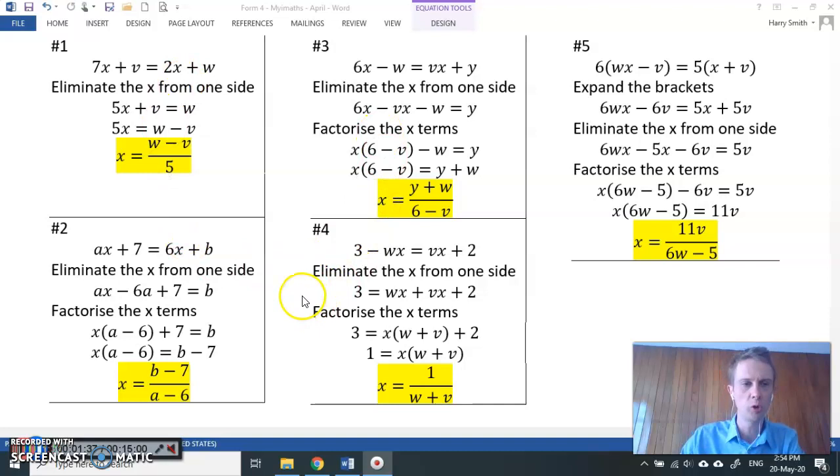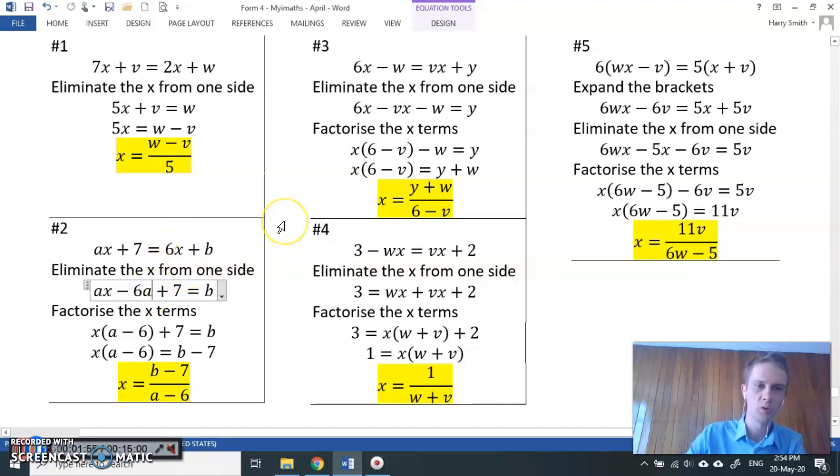The other ones are a little bit more complicated because here we've just got a 7x, but here we've got ax. That makes it more complicated. First step is the same. Eliminate the x from one side. So I'm moving this 6x onto the other side there. So I'm going to get ax minus 6x plus 7 equals b. Factorize the x terms.